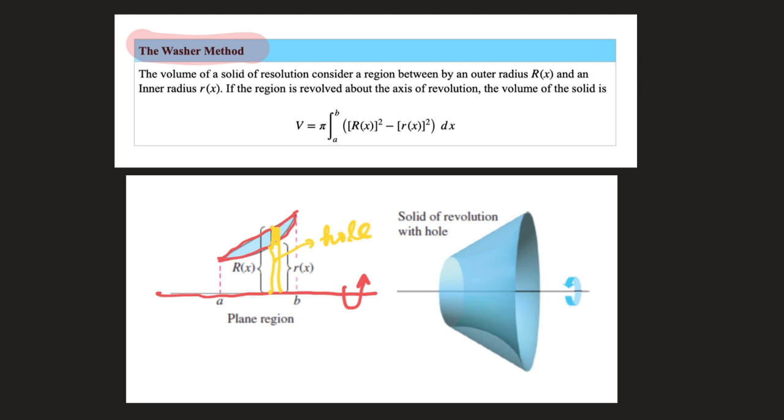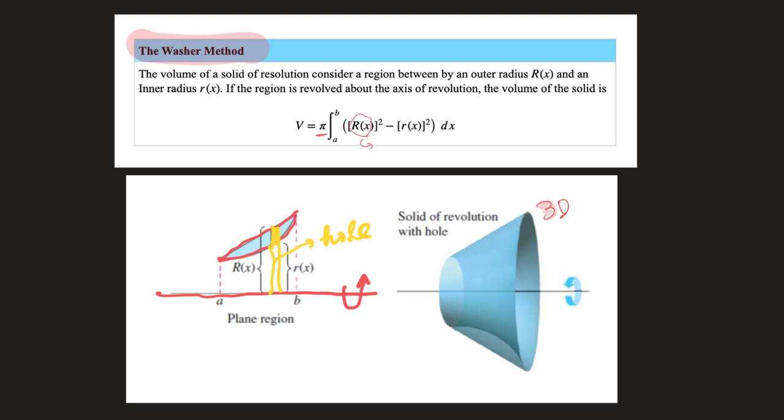Now how are we going to find this 3D volume? We find the volume with this hole. Pi is always going to be there.